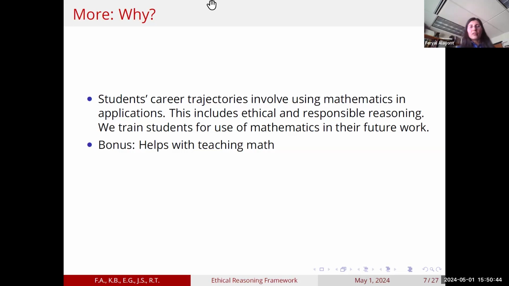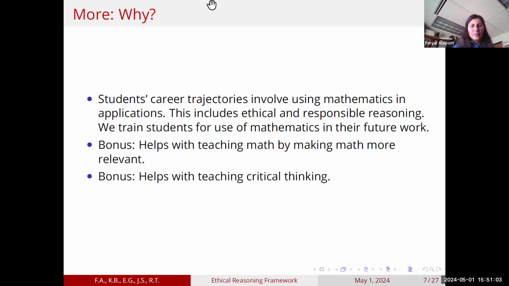And the other bonus, some of us could see this coming, I didn't see this coming, this actually also helps with teaching the math, because by putting the ethical reasoning questions in, the problems become more relevant to our students. And then they are more invested in those topics.